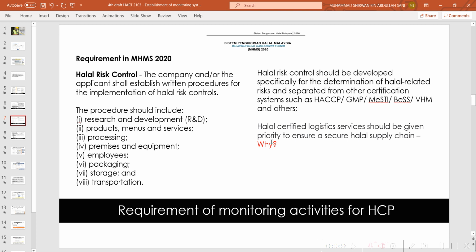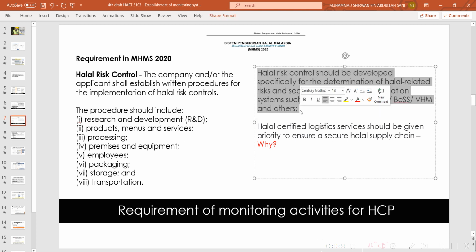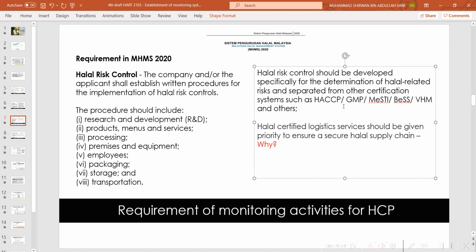Okay, there is a why there, but let me explain first on this part. As we know, most companies don't only have one certification. So in this case, for example, sometimes a company has already applied for or gotten a certification on HACCP, hazard analysis critical control point. Some companies, before they get halal certification, also already have GMP, good manufacturing practice. Some of them have MASTI, BEST, and VHM and others.